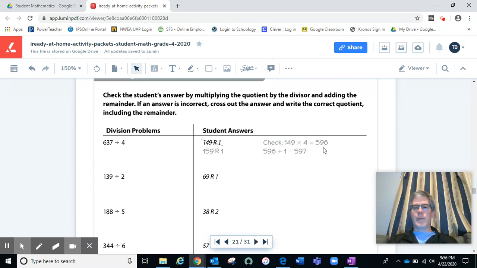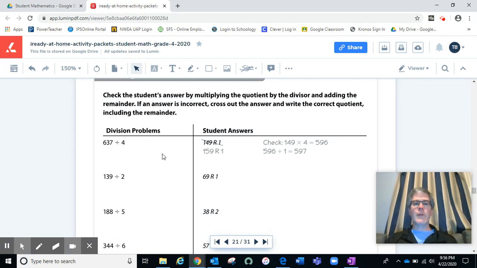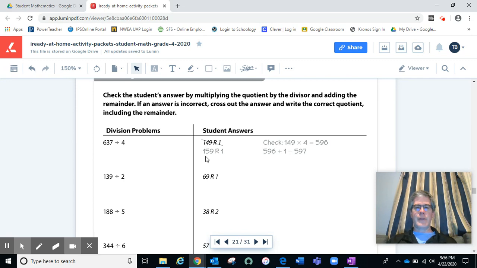That's equal to 596. We take 596 and add the remainder, and that's 597. So that is not equal to our original dividend. So we would go ahead and do the division, and that is an answer of 159 with a remainder of 1. So let's go ahead and take a look at the next one.